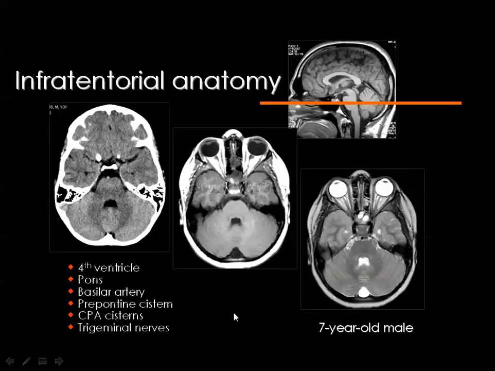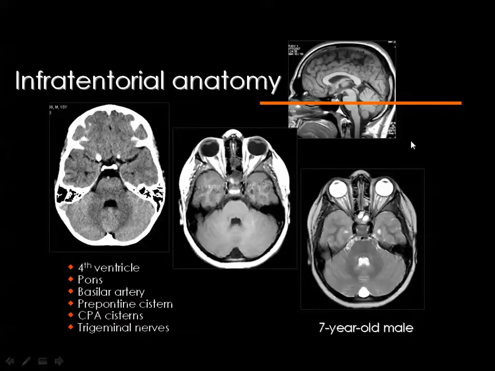Then, starting the anatomy of the brain, it is exactly similar to that in adults. And in the posterior fossa, in the basal sections, we have the fourth ventricle as our anatomic reference. This is a CT image, MRI T1 and MRI T2.